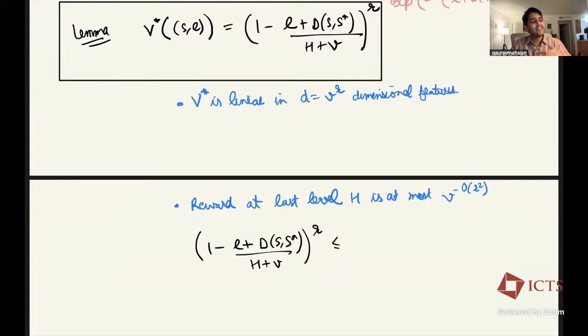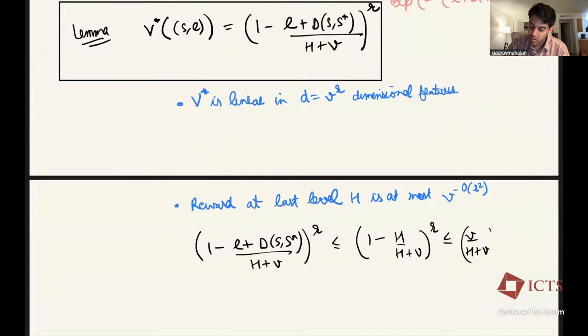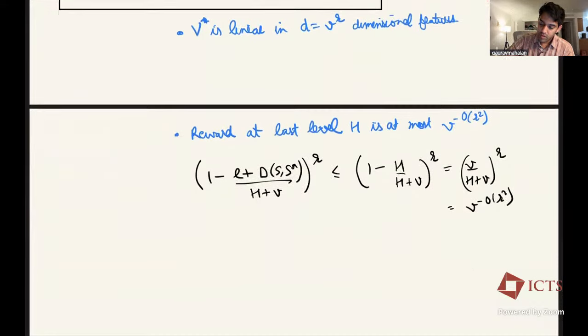And at the end, even if you reach the satisfying solution, this will be at least H. Okay, and this is all just poly V, because H also is big.